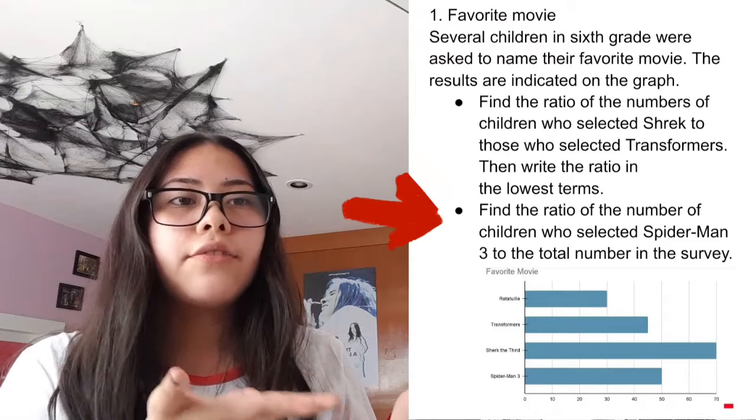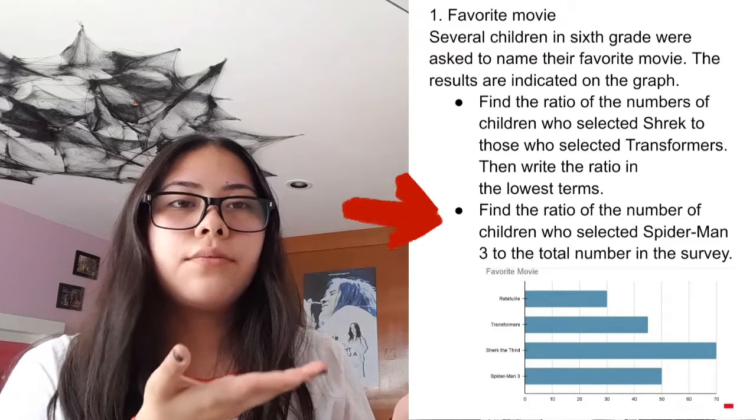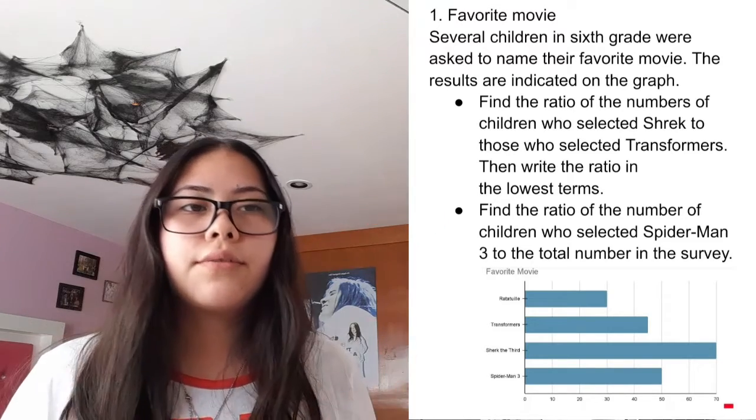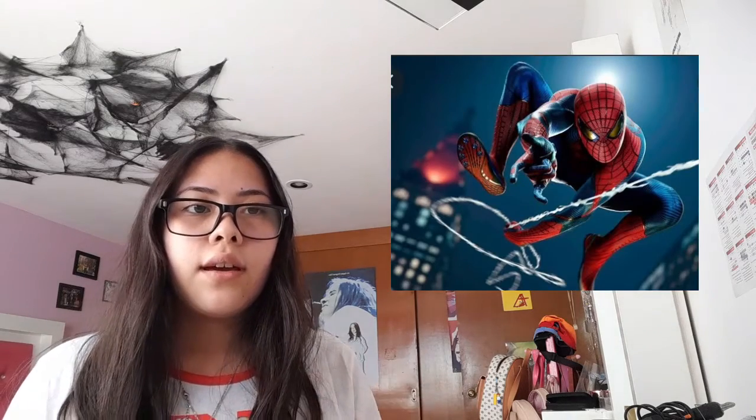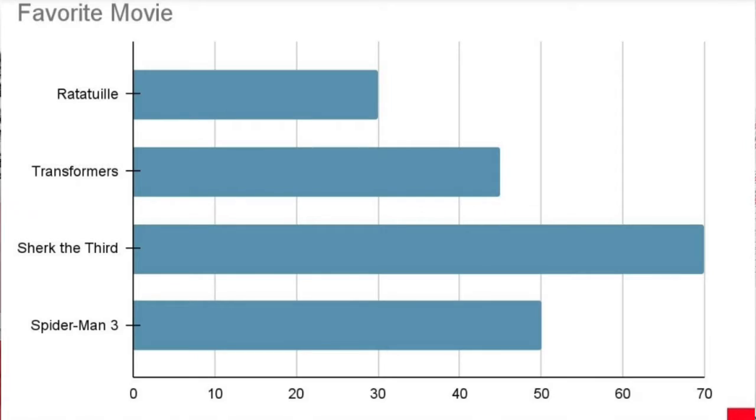Then, the other instruction to solve is to find the ratio between the children that chose the movie Spider-Man and the total of the children. So if the children that selected Spider-Man are 50 and the total of children are 195, where did I take the 195? Well, I calculated this by observing the graph and all the numbers of the kids that participated in the survey.